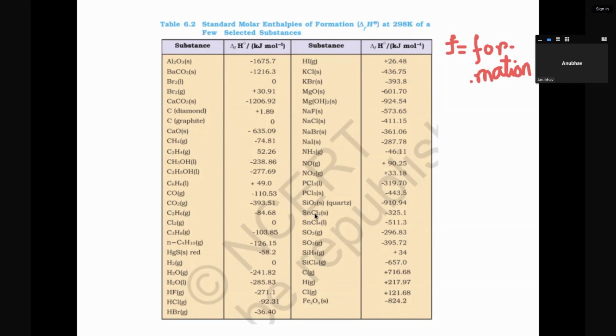Also, those of dioxygen, carbon, and sulfur will be O2 gas, carbon graphite, and S rhombic, respectively. So we have several reference states for each of the elements, first characterized at 25 degrees Celsius and 1 bar of pressure.